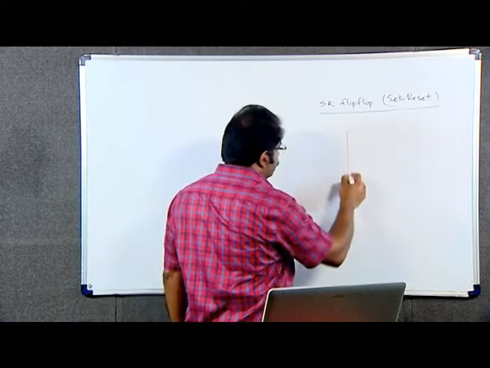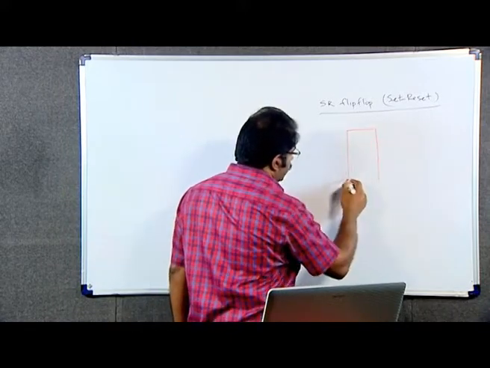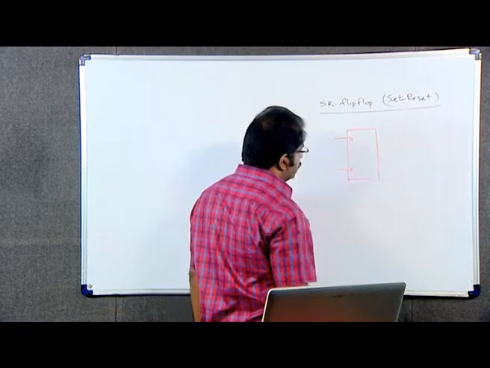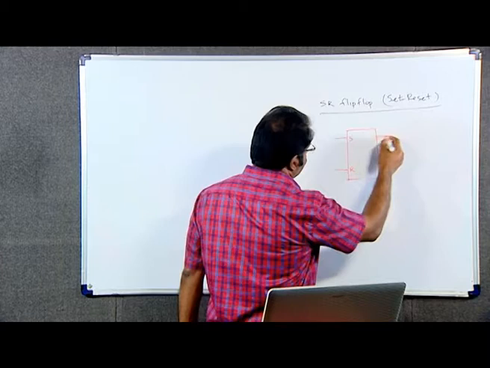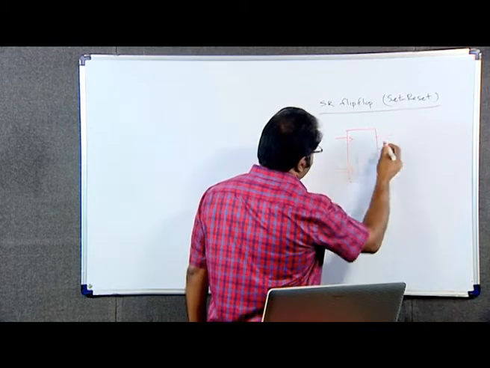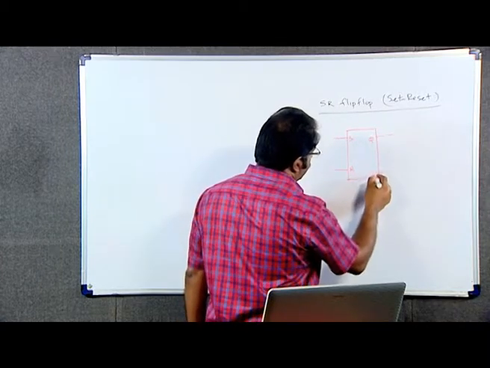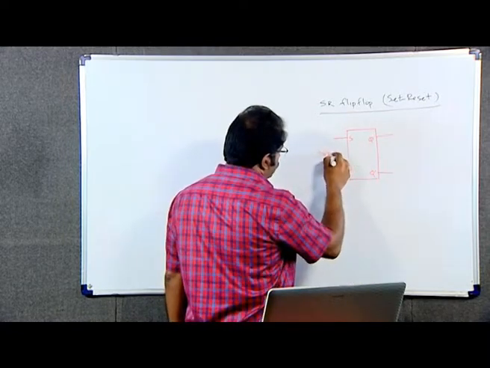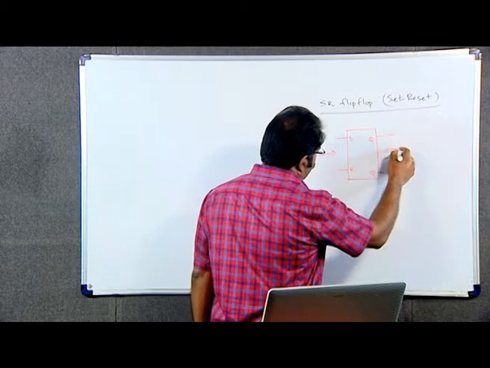So, you have two inputs S and R, and we will have two outputs. The outputs are Q and Q prime or Q complement. These are the inputs and these are the outputs.